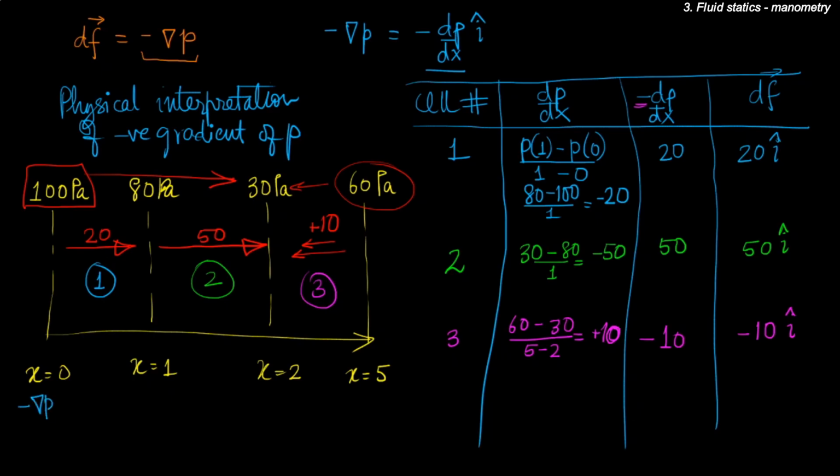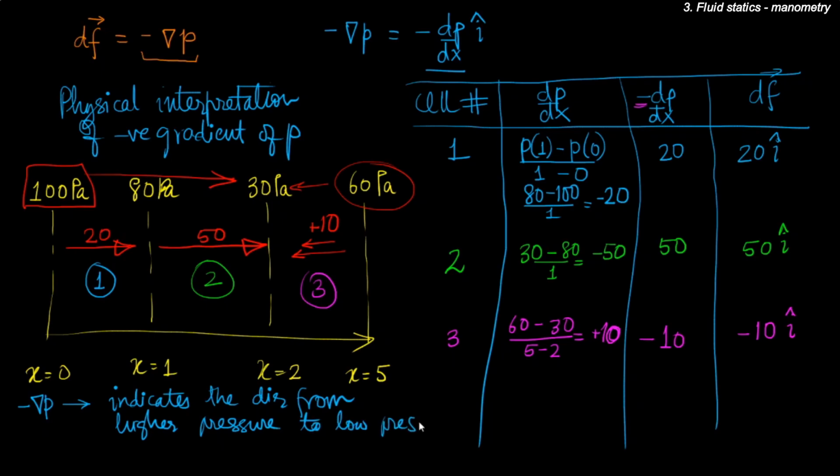Minus gradient of pressure indicates the direction from higher pressure to lower pressure. And it is sort of an indication of how the force is acting upon a given object.